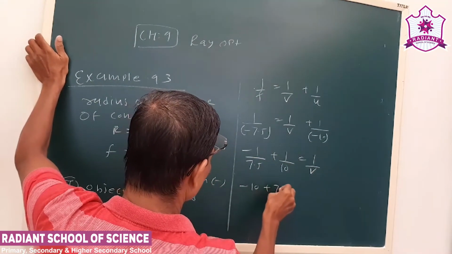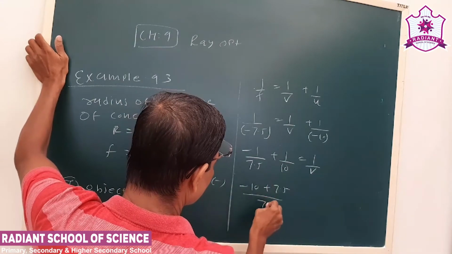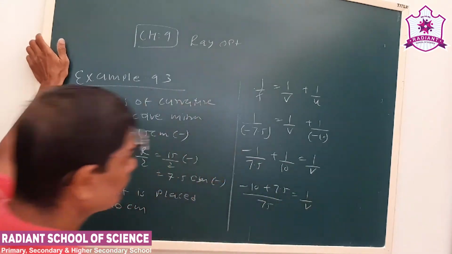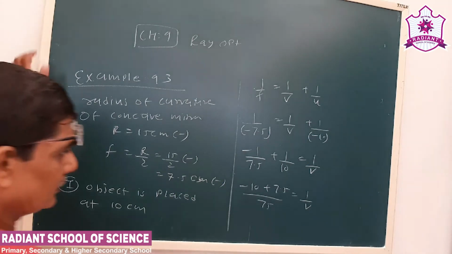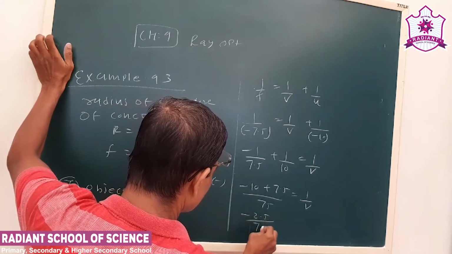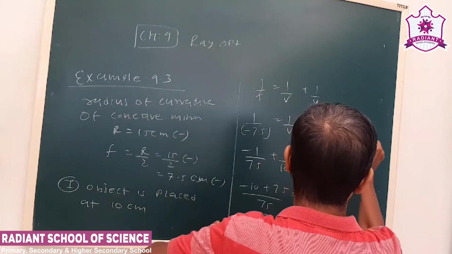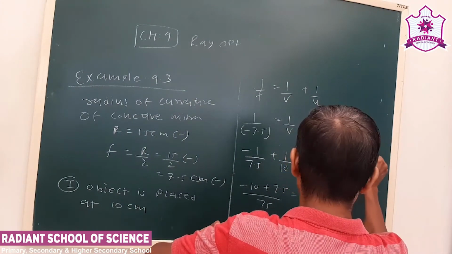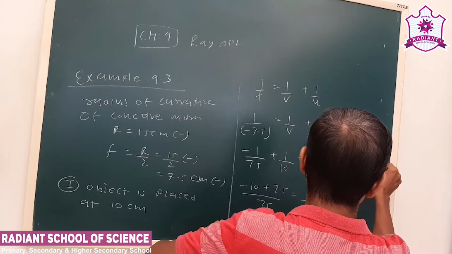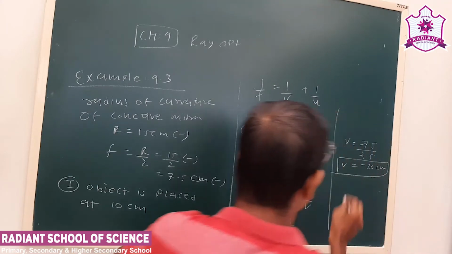Minus 10 plus 7.5 over 75 is 1 by V. Now minus 2.5 upon 75 is 1 by V. V is minus 30 centimeters.